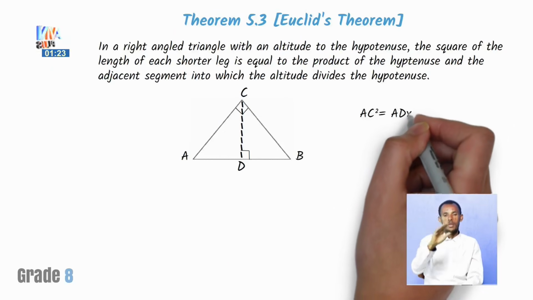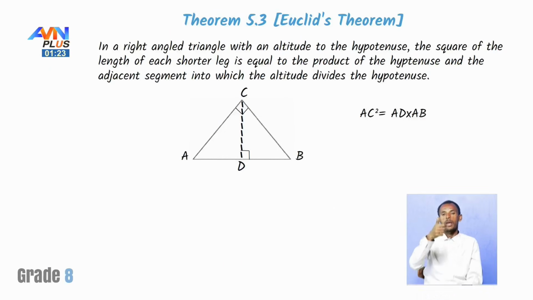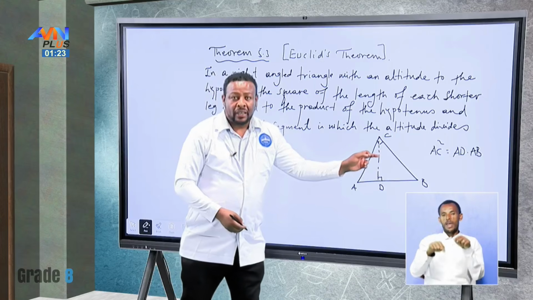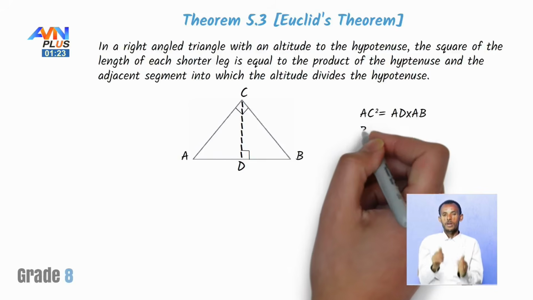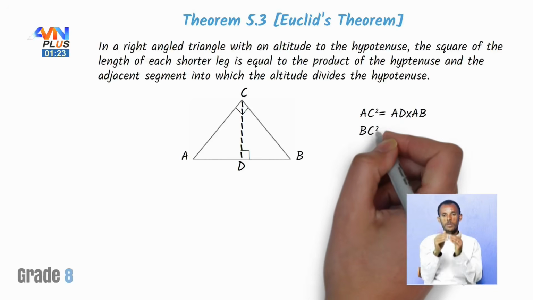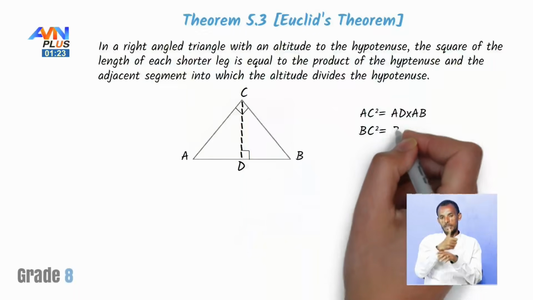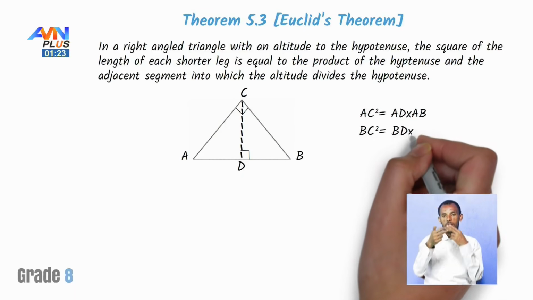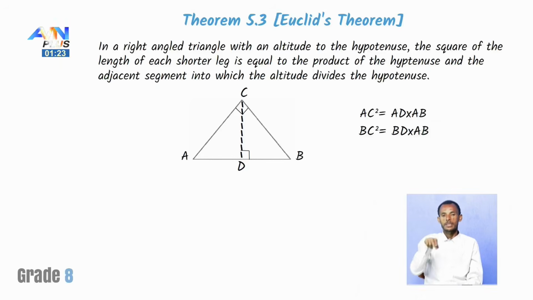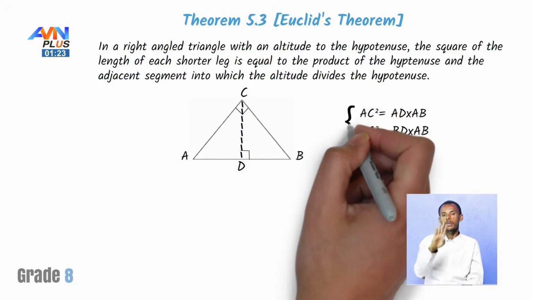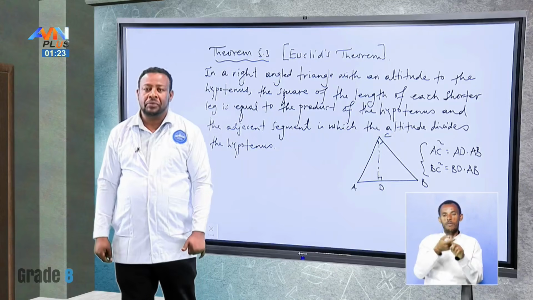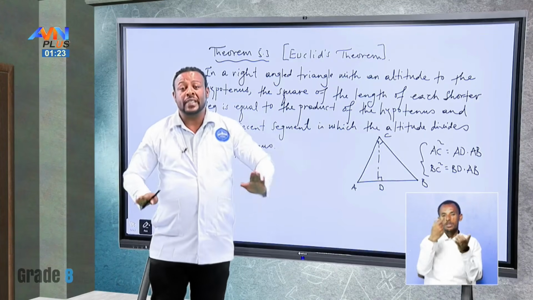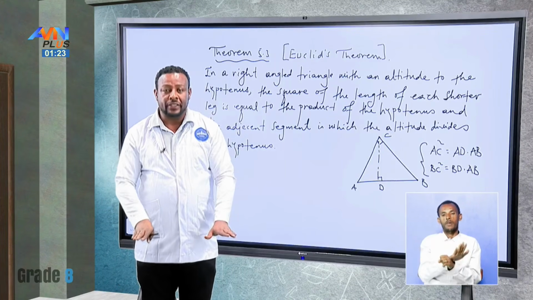The other leg is BC, and the square of BC is the product of the adjacent segment BD times the hypotenuse. These two are the equations that we obtain from this theorem, right? So these two should be satisfied in Euclid's theorem.